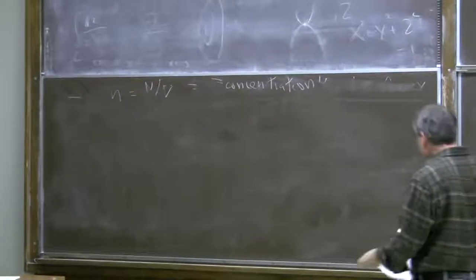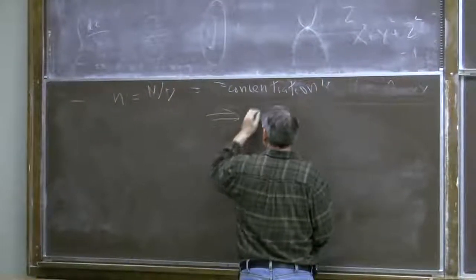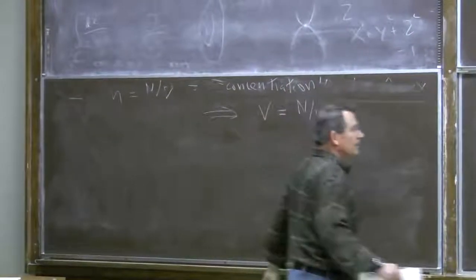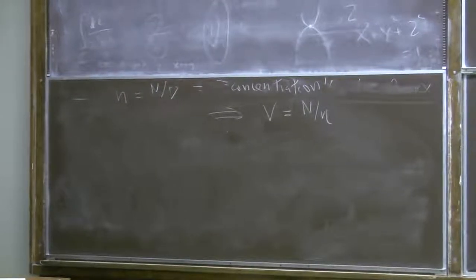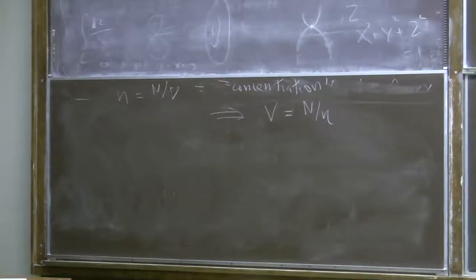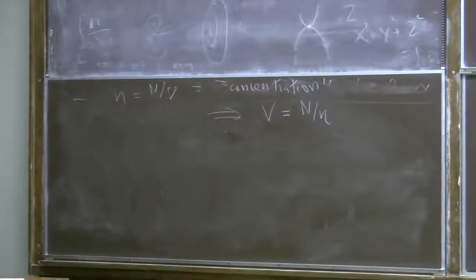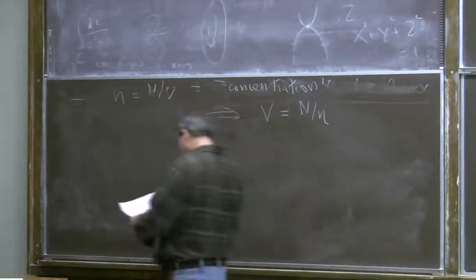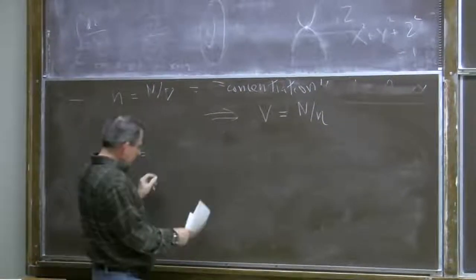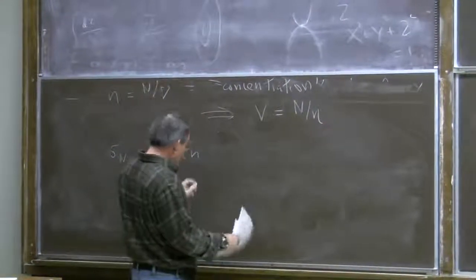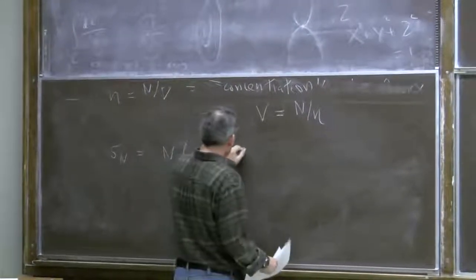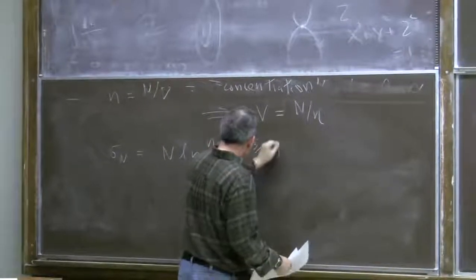So let me get rid of the volume, since I can now write it as the number of particles divided by the concentration, and write our entropy in terms of the concentration and the number of particles, little n and big N. So I'll replace volume in our formula by big N over little n. And then the entropy can be written as N times log of quantum concentration divided by concentration plus 3/2 N.